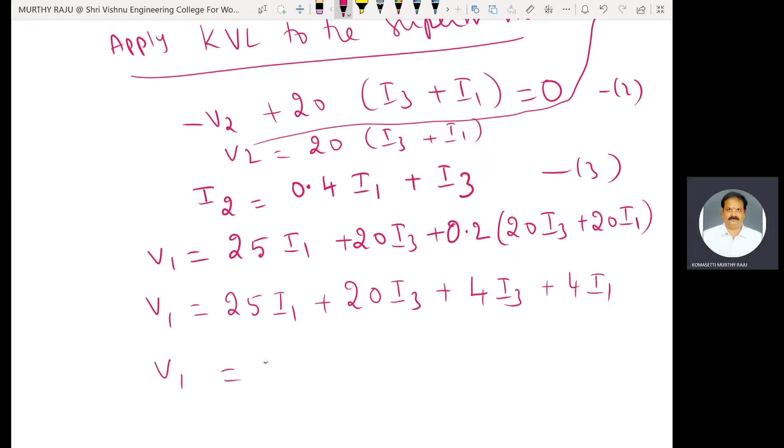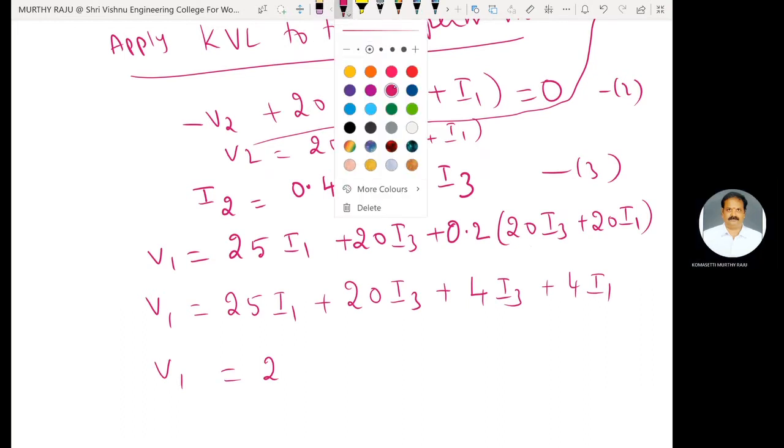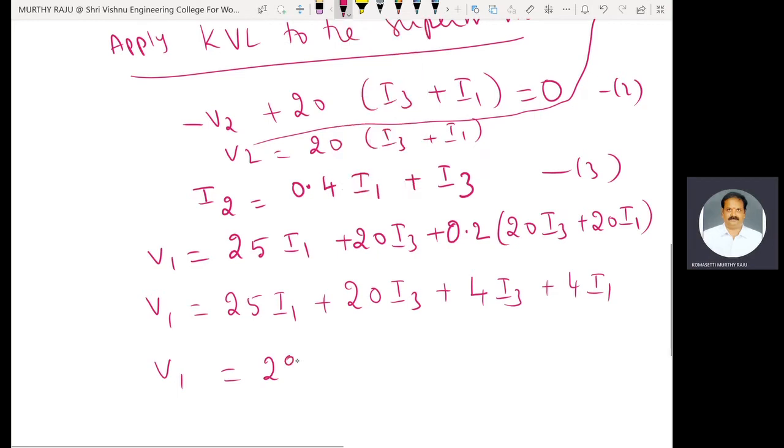Finally, V1 is equal to 25 plus 4, that is 29 I1. 20 plus 4, 24 I3.